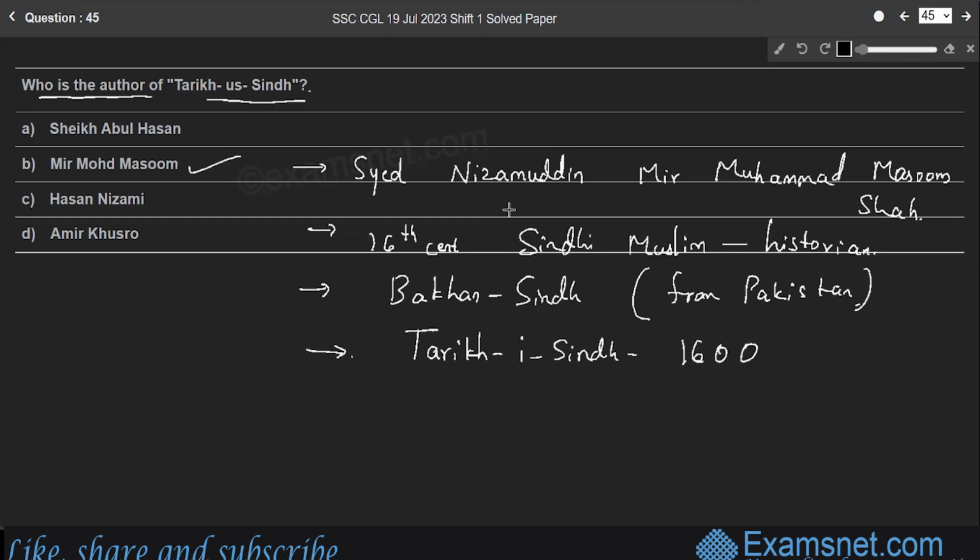He was also a trusted lieutenant of the Mughal Emperor Akbar. For the given question, Tariq-as-Sindh was written by Mir Muhammad Masoom. Option B is the right answer.